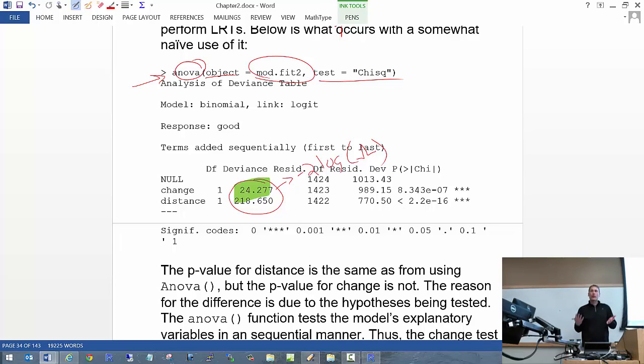So if I had a third variable, then distance would assume change was in the model for both the null and alternative hypotheses, but it wouldn't have the third variable at all in the model for any of the hypotheses. So you have to be careful when you use the little anova function, because most likely, this is not the kind of hypotheses that you want to test.